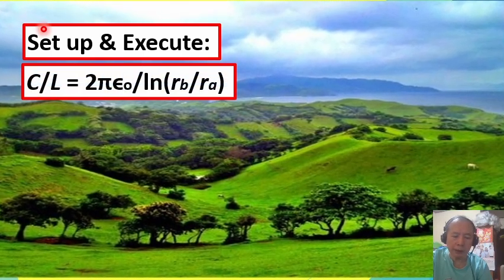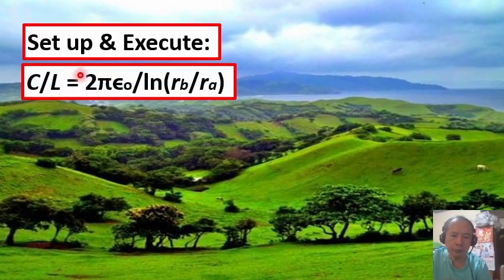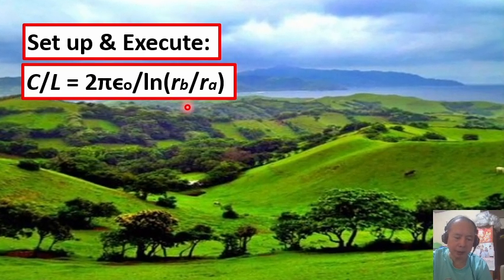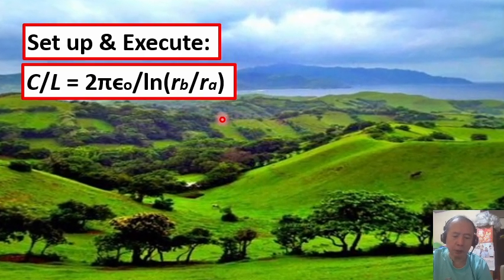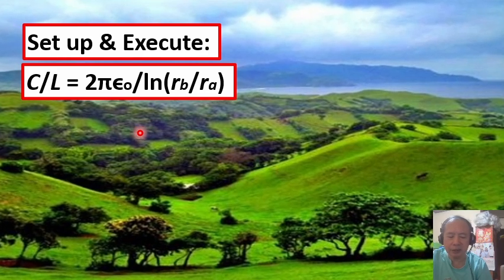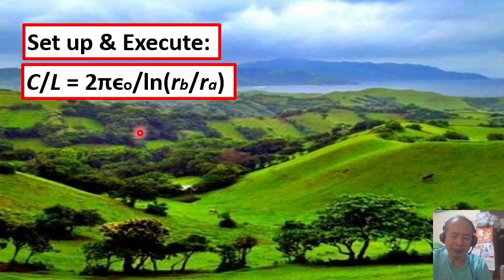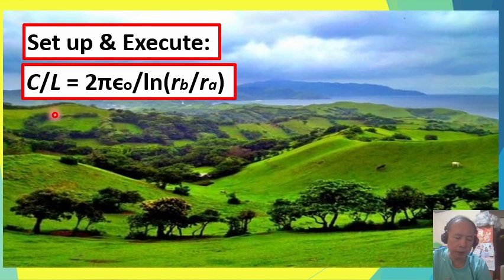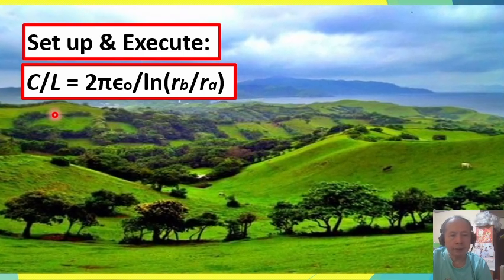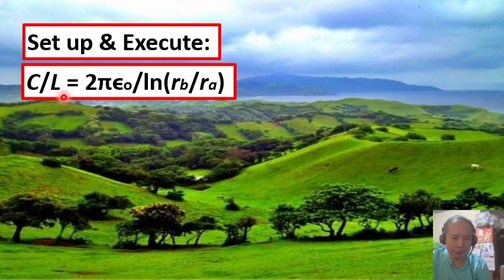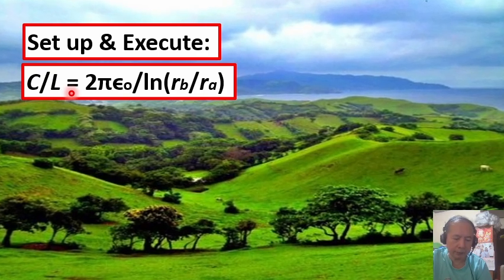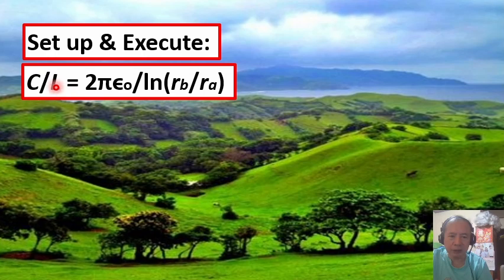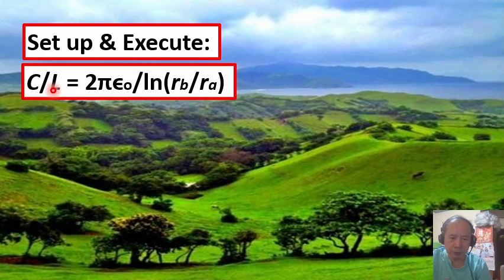Moving on to our computations, we can find the ratio R sub B over R sub A using the formula that relates this ratio with the capacitance per length, capital C over L, which is given in the problem.